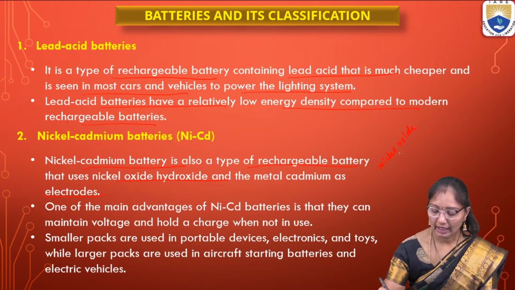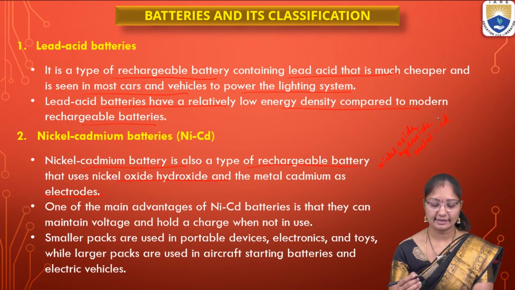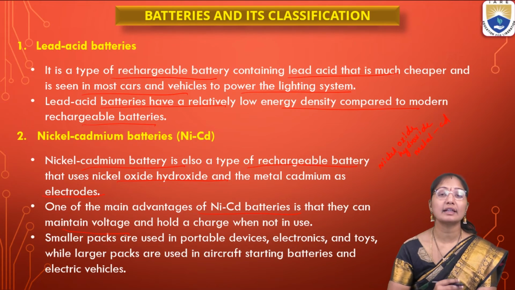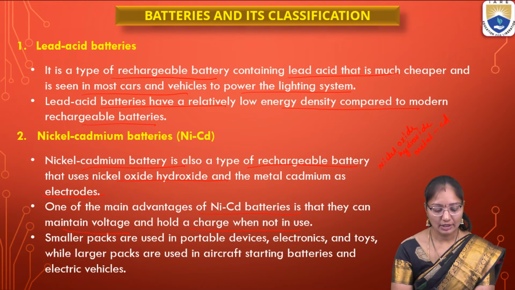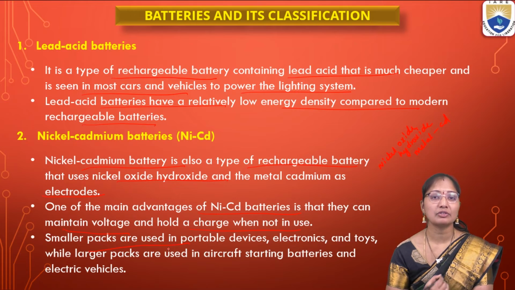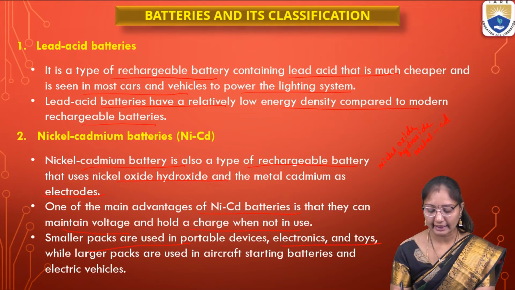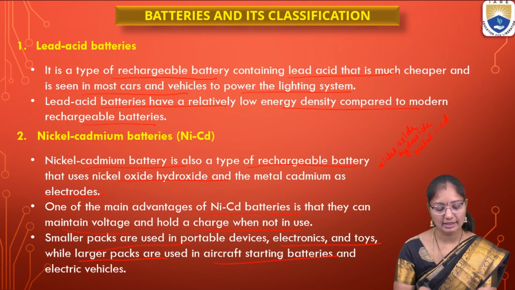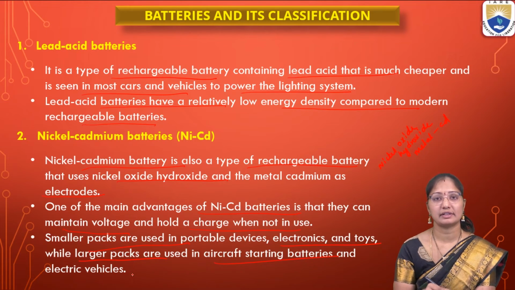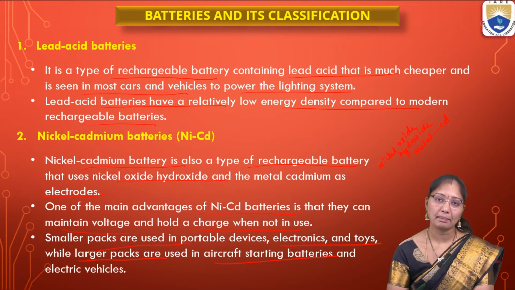One of the most important advantages of nickel cadmium batteries is that they maintain voltage and hold a charge even when not used. Smaller packs are generally used in small portable devices like electronics and toys, while larger packs are used in aircraft starting systems and electrical vehicles. So this is about the nickel cadmium batteries.